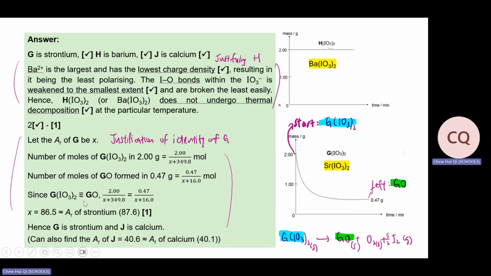Since this is a 1:1 mole ratio, you calculate X. You'll find that this particular Ar belongs to strontium. This is how you justify G. You can do the same for J, for calcium, using its graph. So don't compare across graphs, because the graph is not drawn to scale. Okay, I hope this is clear.